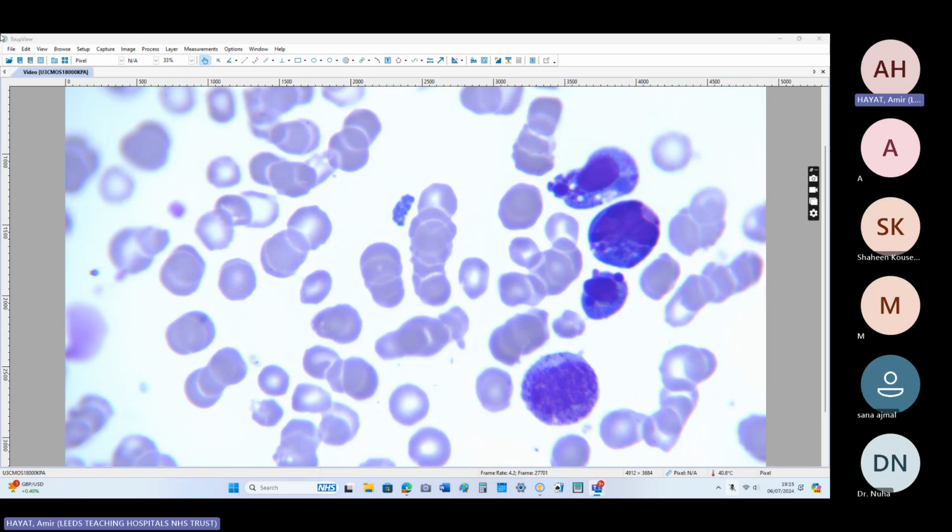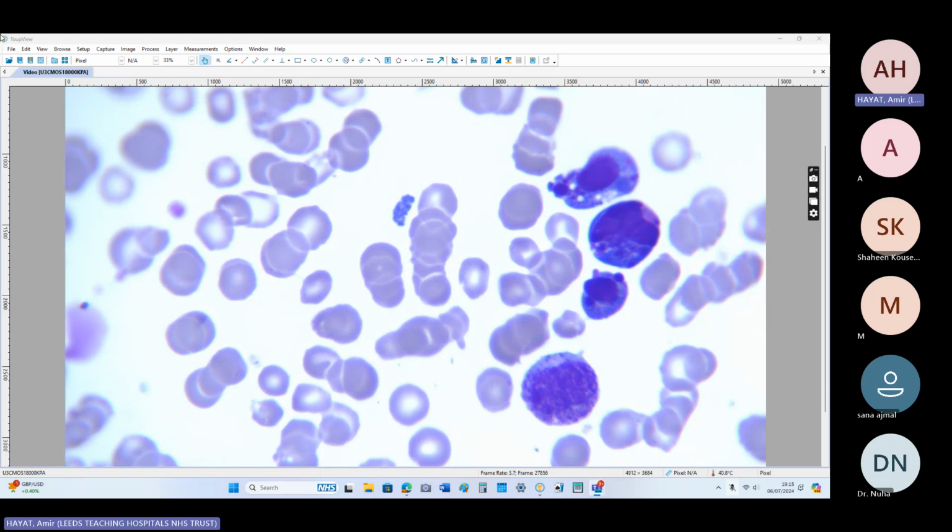And yes, you have to urgently start the treatment if the patient agrees, like TLS prophylaxis and hydration. If you are not planning any further biopsy, then give steroid to reduce the mass size, because if this is a big mass, it may be compressing the arteries, veins, or nerves. And then R-CODOX-M/IVAC or DA-EPOCH-R is an alternative regimen.